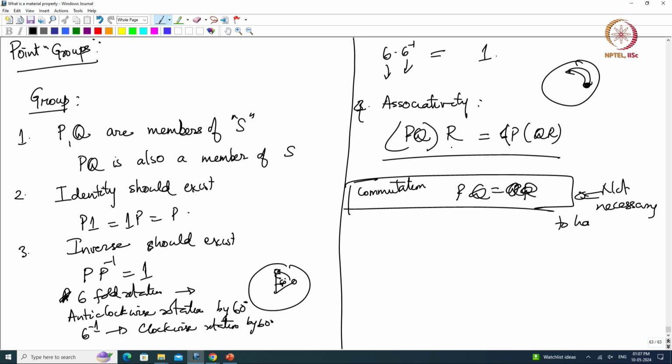We have what are called abelian groups where the commutation exists, but not in every group. I am not really sure if all point groups are abelian groups, but a lot of them are. I will need to check that up, but in general this is the mathematical structure of the group.